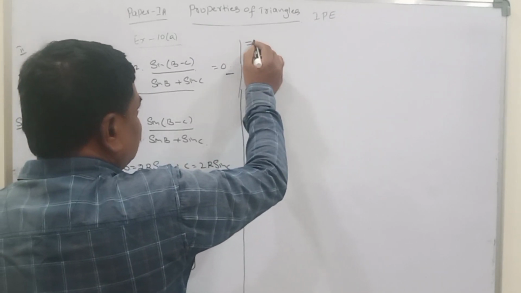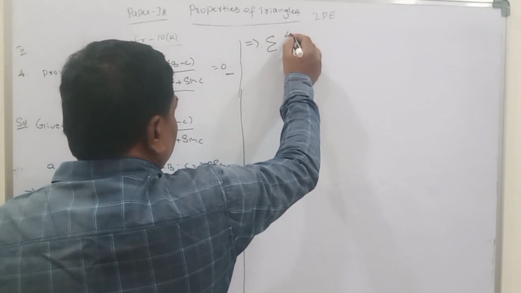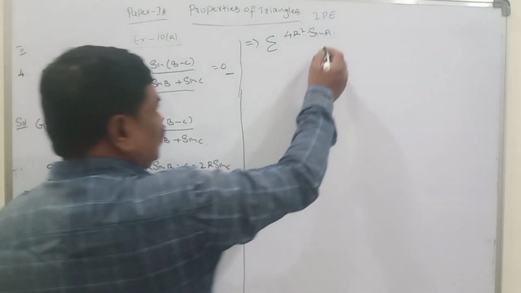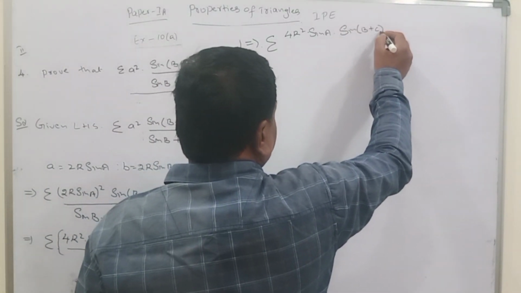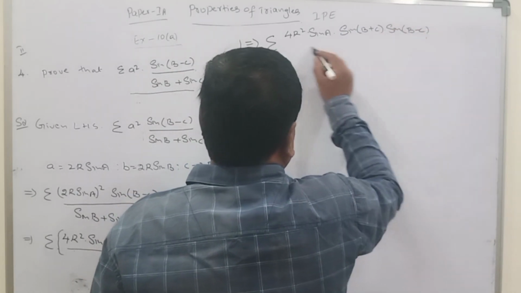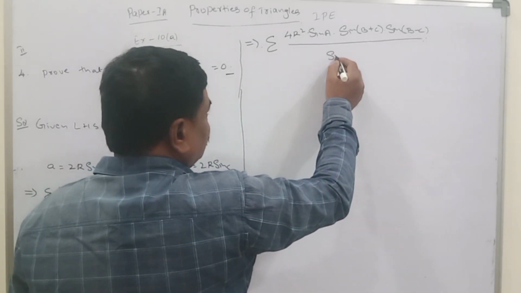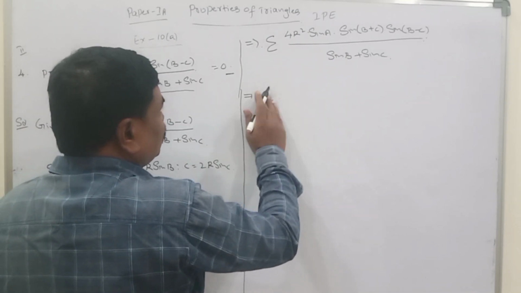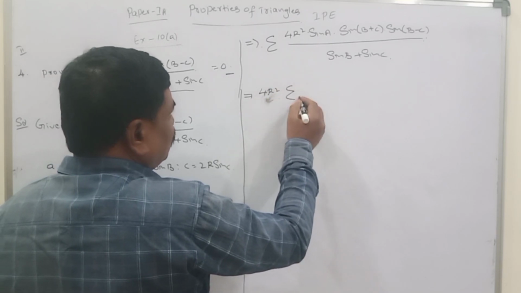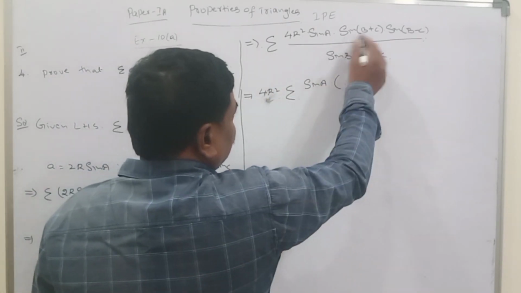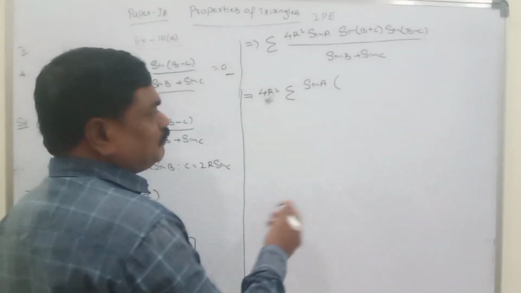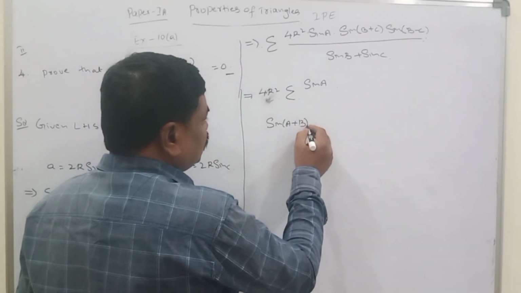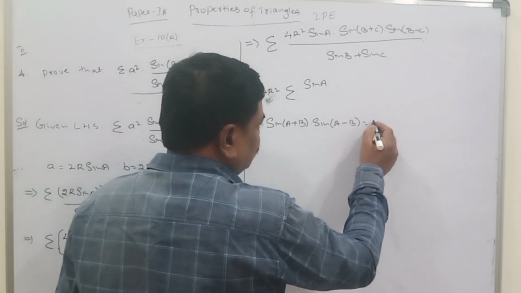So this implies sigma 4r square into sin A. One sin A is there, and one sin A is sin of B plus C into sin of B minus C by denominator sin B plus sin C. This implies sigma, here 4r square common, sigma sin A into sin of B plus C into sin of B minus C, which is, sin of A plus B into sin of A minus B is equal to what?